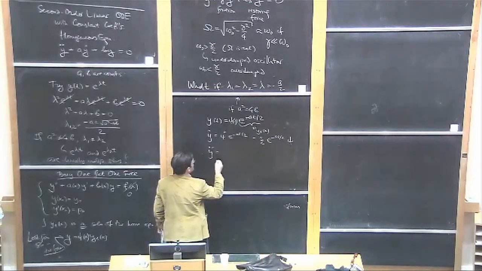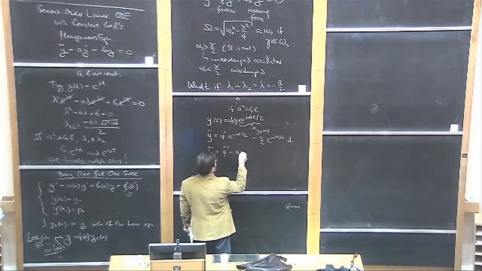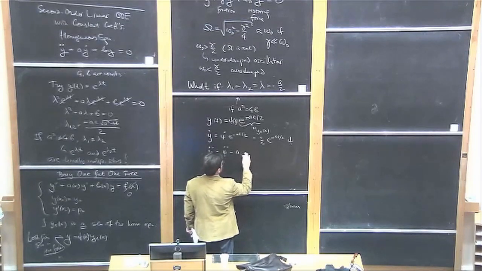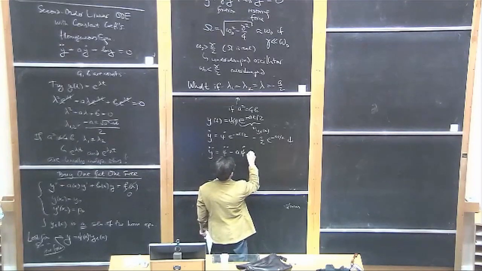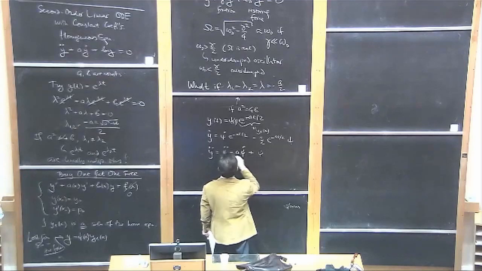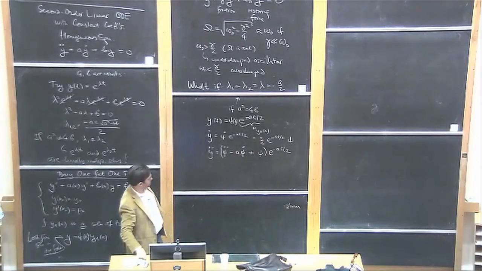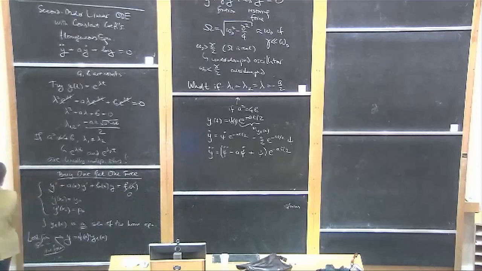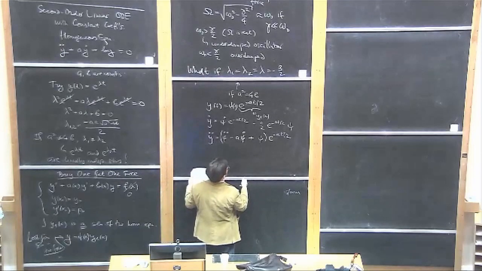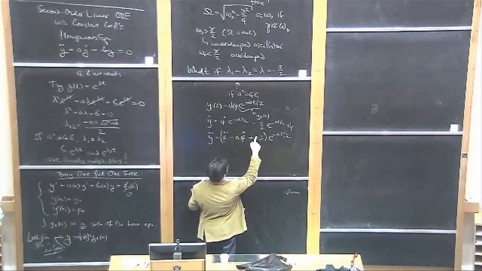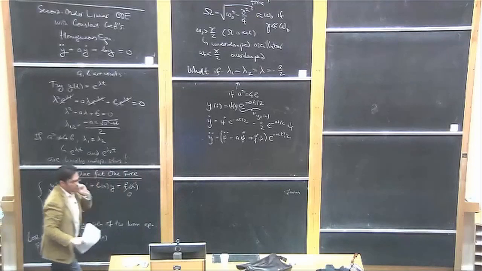Y double dot is equal to psi double dot minus a e to the minus at over 2 psi dot plus a squared over 4 psi times e to the minus at over 2. Did I do this right? No, I have to say this is, sorry, a squared over 4, like that. Okay.